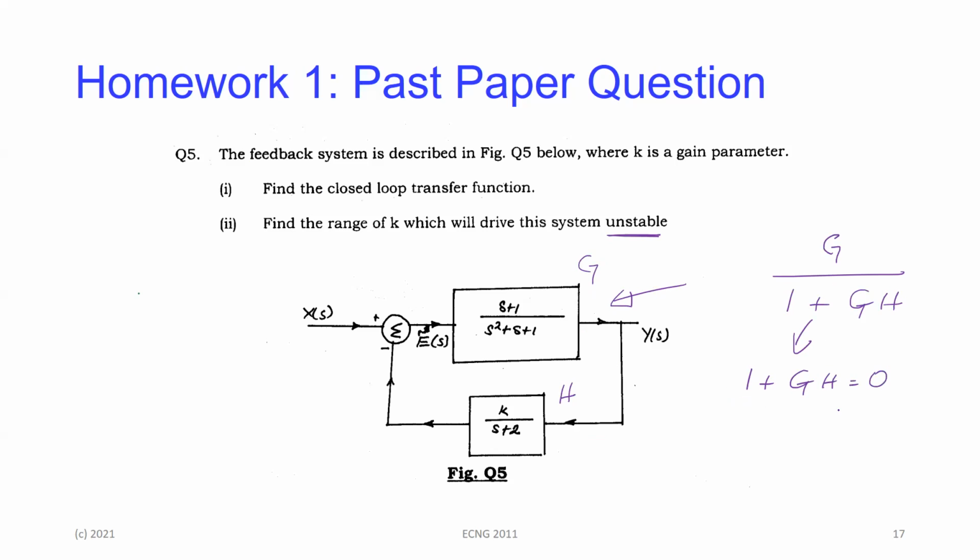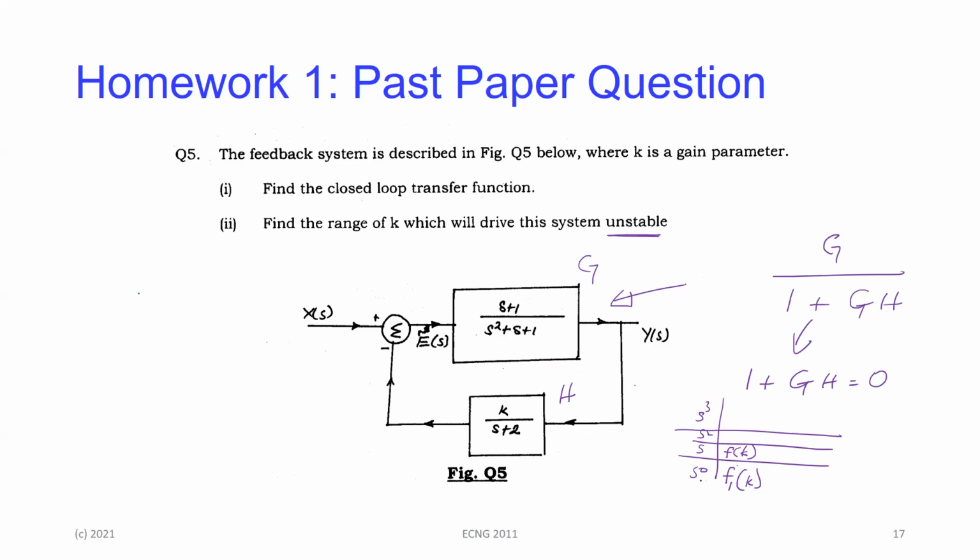You tabulate that, whatever that is, and you're going to have k in it. So you'll have some entries in the table with some function of k in the cells, f1k, and so on as you go along. This will be a third order system, so you'll have s cubed, s squared, s, and s naught.